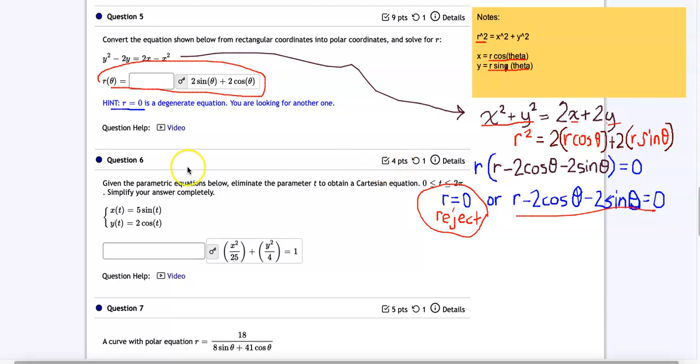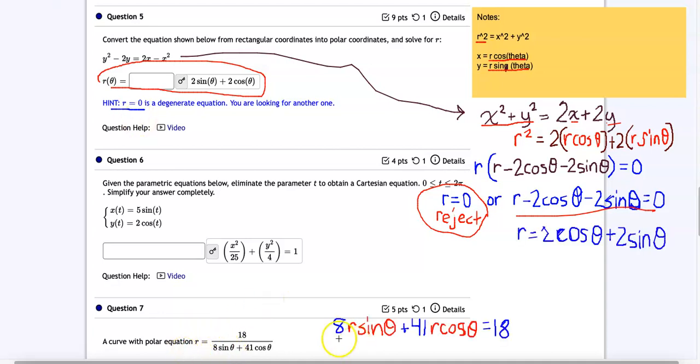Okay, so next we want to go down here and do number 7, and then I'll come back and do number 6, but because I already have these notes placed here, it will make number 7 a lot more straightforward. The first thing you're going to want to do is cross multiply, and the result of cross multiplying is 8r sine theta plus 41r cosine theta is equal to 18.